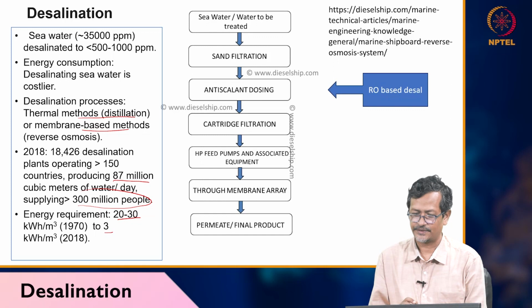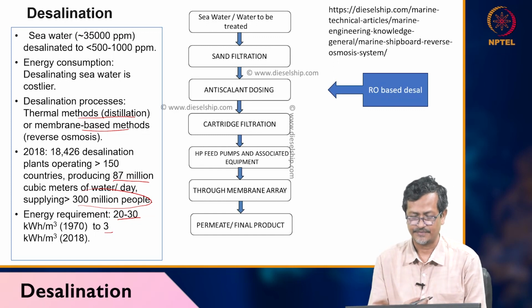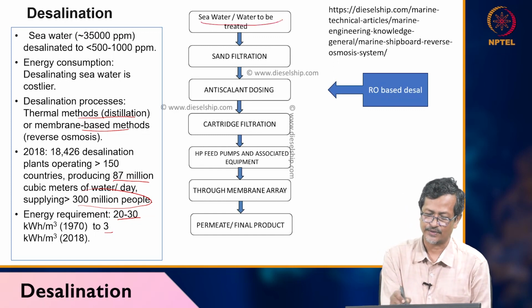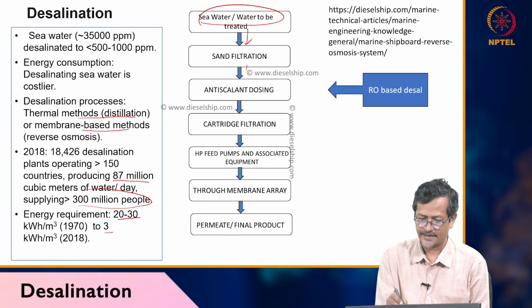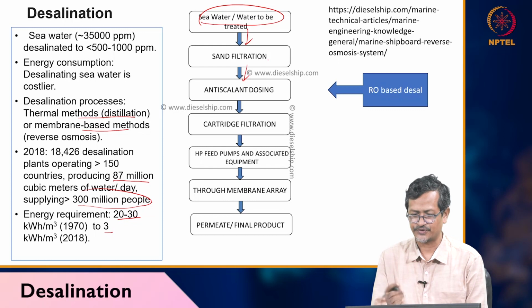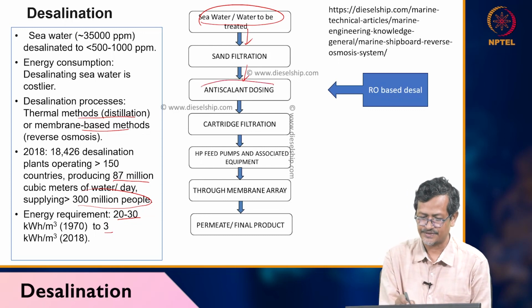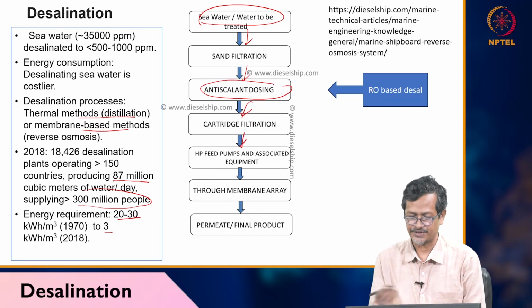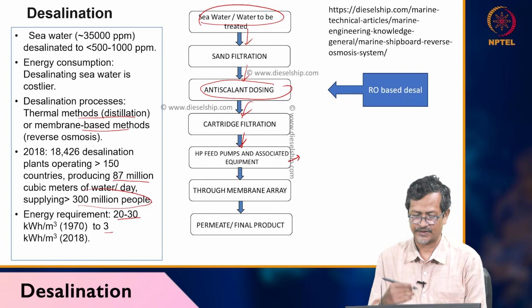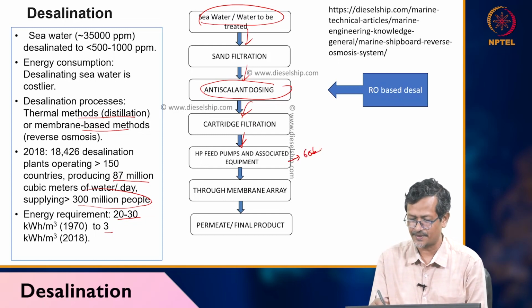Now if we consider one RO system, you take seawater first, then you remove sand content, then for any scaling or deposition you do anti-scaling dosing, then cartridge filtering, then a pump. The pump pressurizes the seawater, and you have to create about 60 bar pressure.